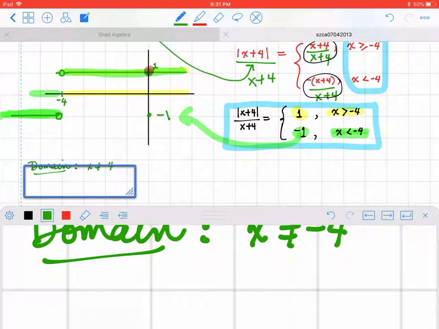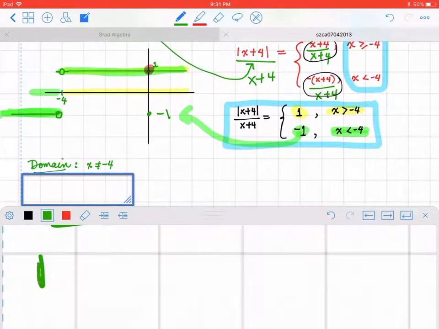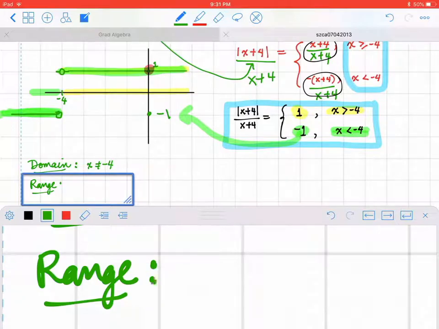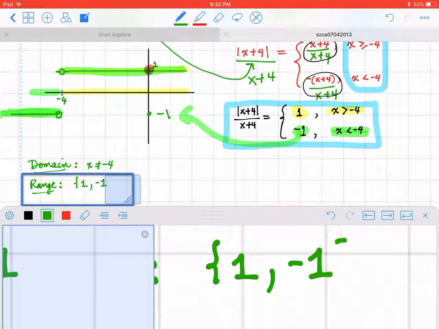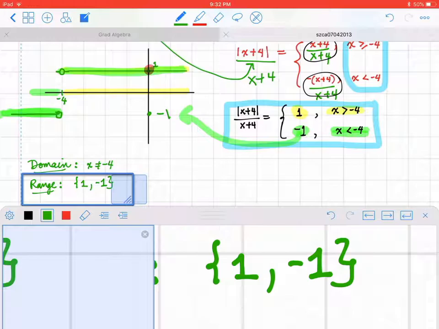The range: how high and how low does it go? It goes only as high as 1, and it also hits -1, but it hits nothing in between. No values of y in between.